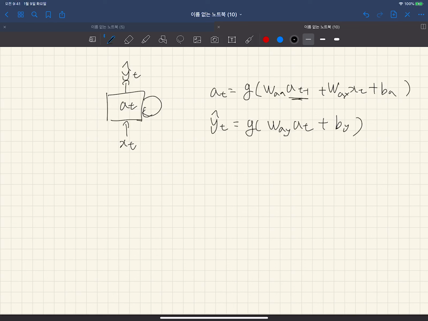So this is the simplest recurrent neural network concept. Here we just need to define W_aa, W_ax, b_a, W_ya, and b_y. With these parameters, you can handle many different lengths of input and lengths of output.